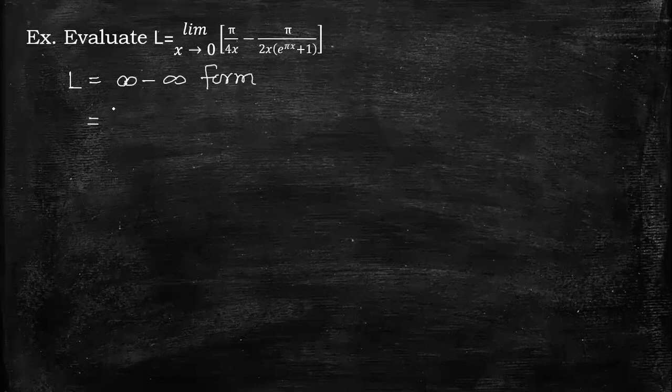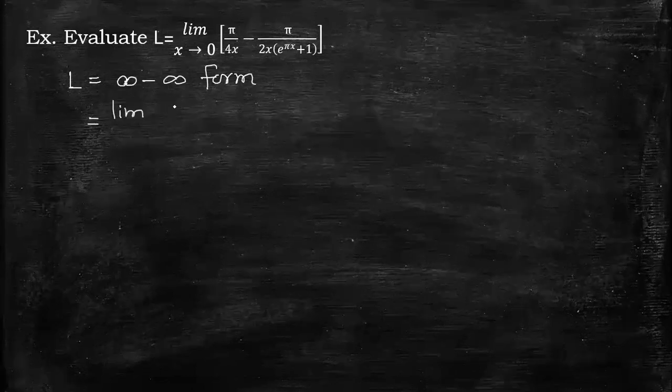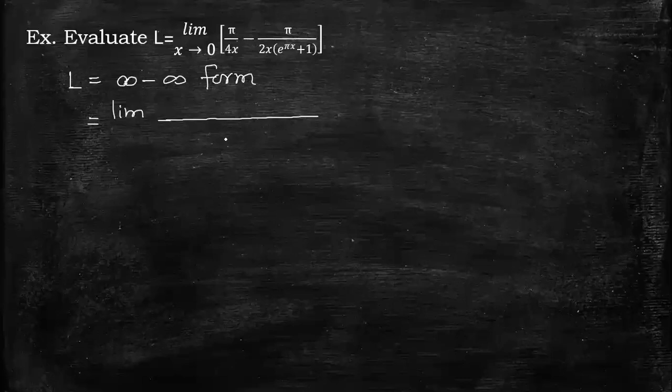Let us see how we can simplify it. There are two terms. The first term has denominator 4x, the second has 2 into x into bracket. So their LCM will be 4 into x into bracket.